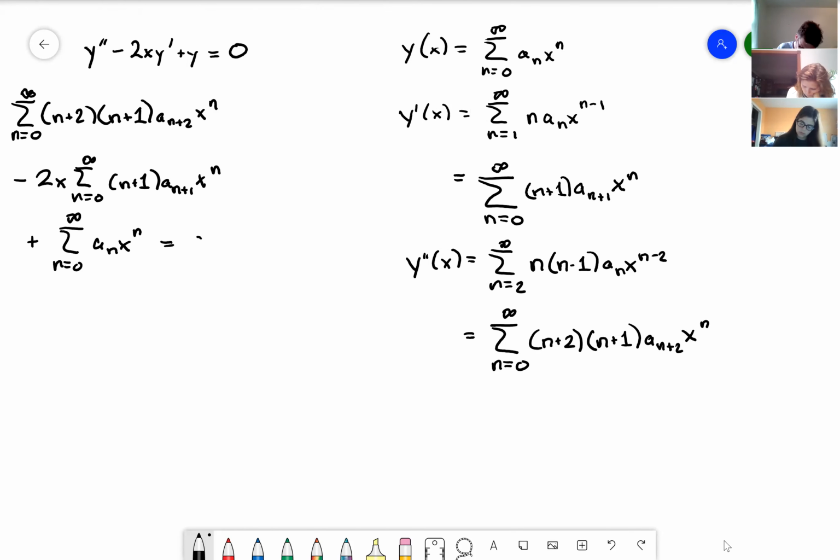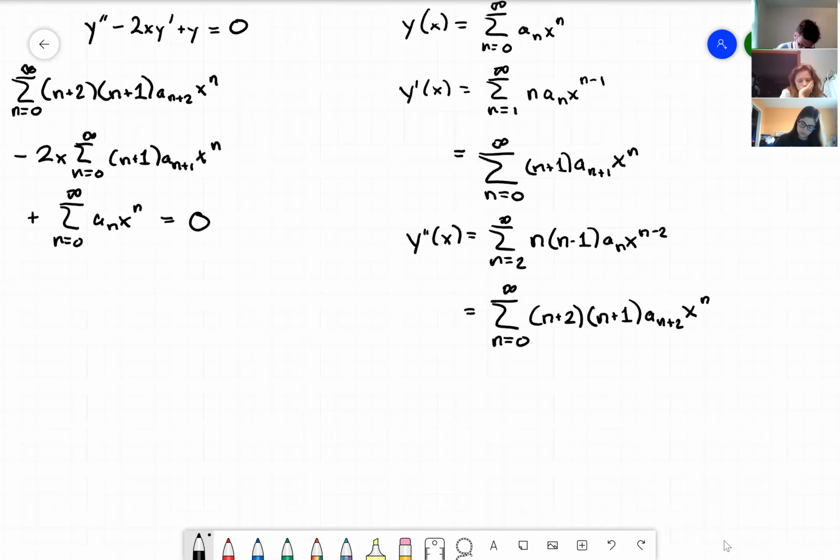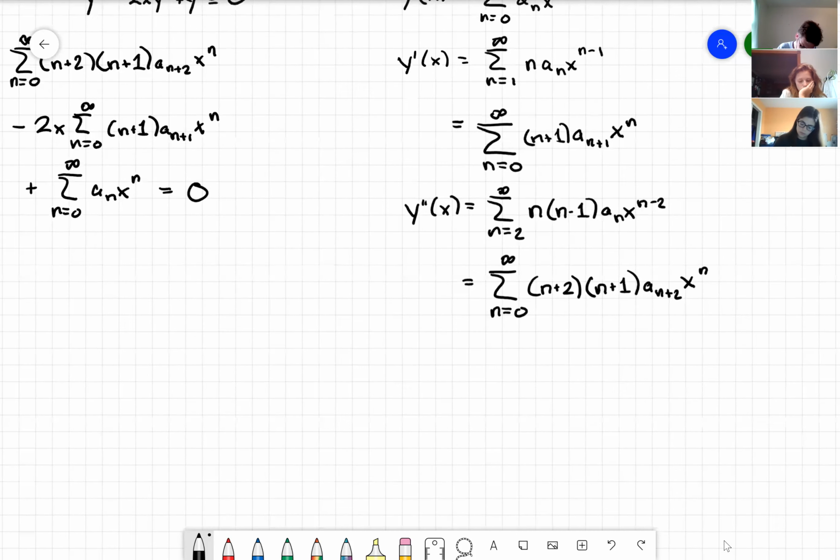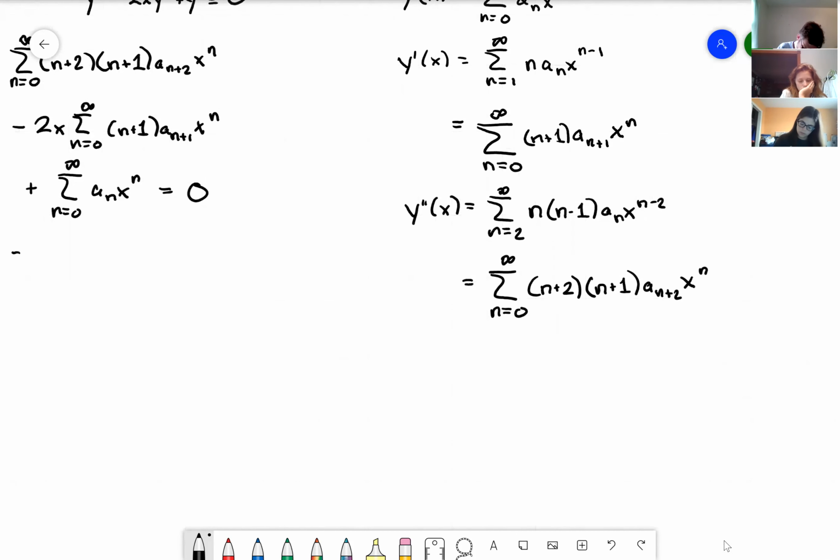This is all equal to 0. Now I need to combine that minus 2x into my power series there, the second one. And so what I get for this, the first one can stay the same. I'll just copy it down.